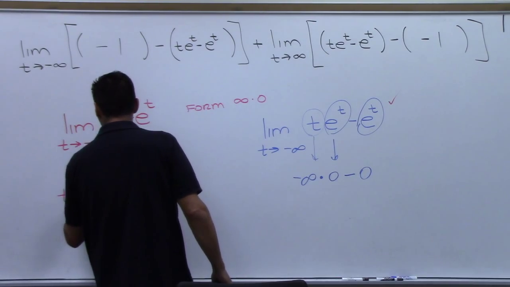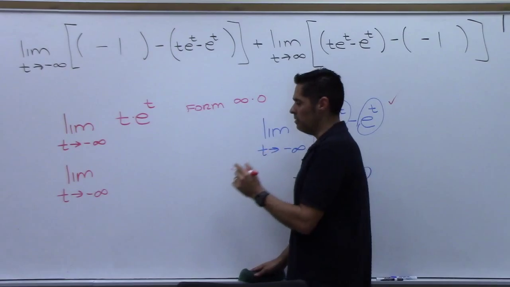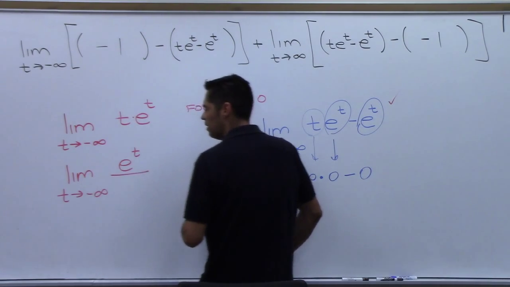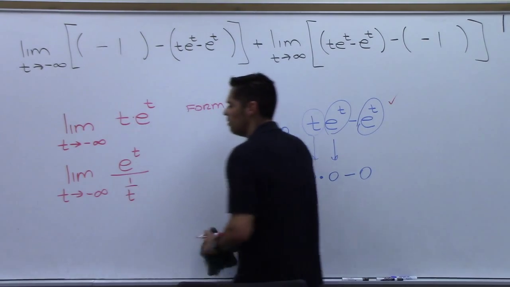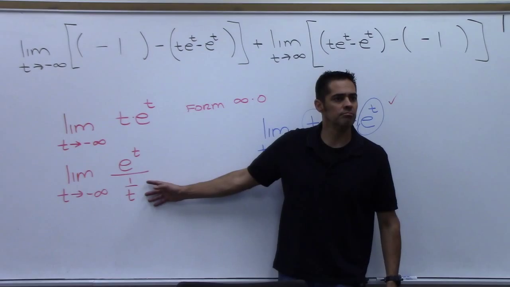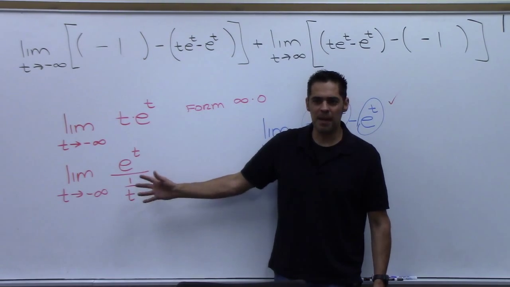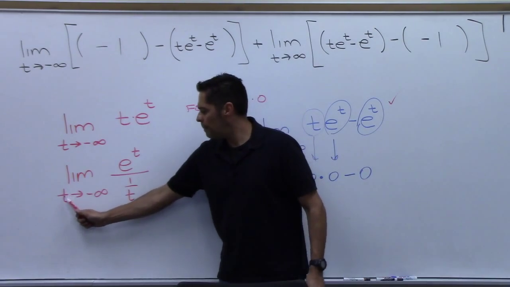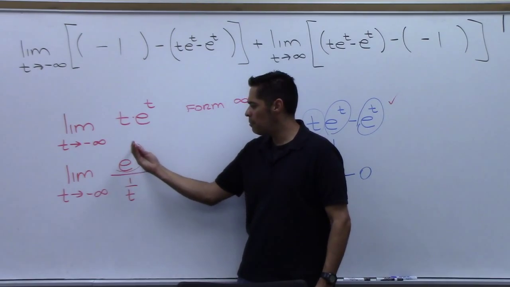If your L'Hopital in Cal 1 was kind of weak, then this is going to be a problem. All right. e to the t over what? t to the negative 1, or 1 over t. So this is the same thing, isn't it? Isn't t on top the same as 1 over t on the bottom? Yeah. And you might be asking yourself, why would I do that? Because of this. What happens as t goes to negative infinity now? What did we say that went to already? 0.